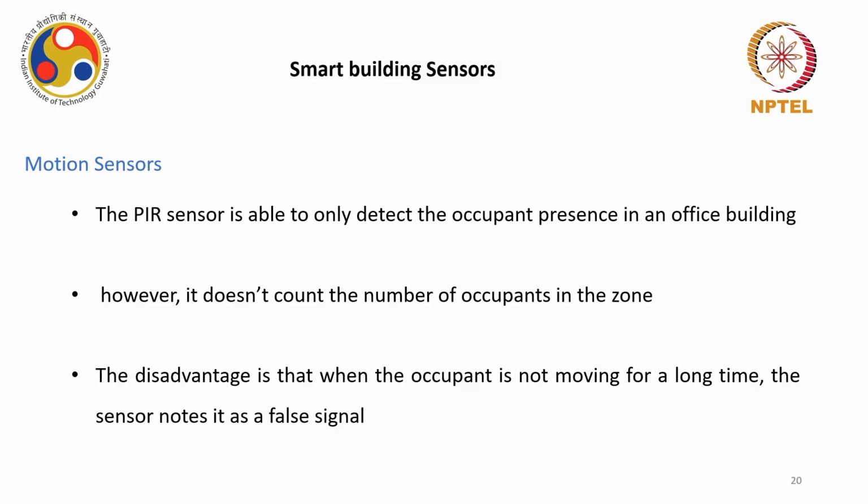So although he is present, you are not getting any signal, or you may not rely upon this data. The PIR sensor is good enough when you only deal with whether the person is present or not, but when you talk about tracking his movement or continuously changing position, you have to rely upon other sensors.